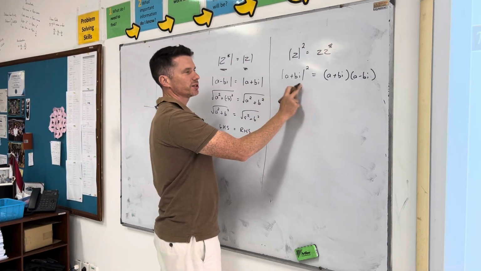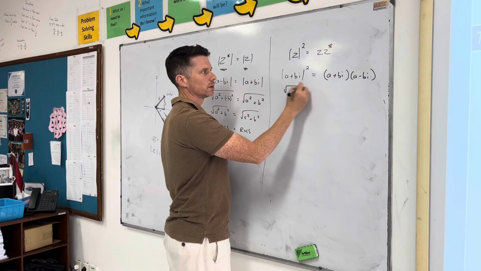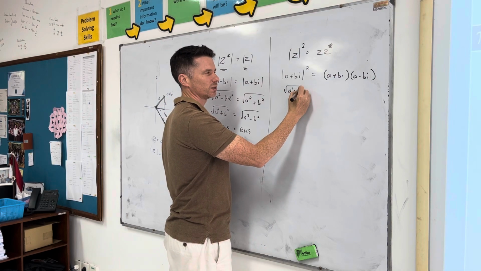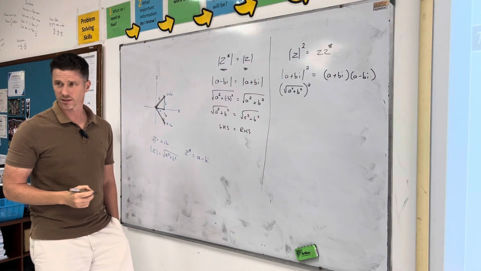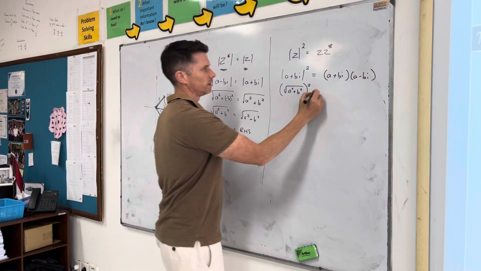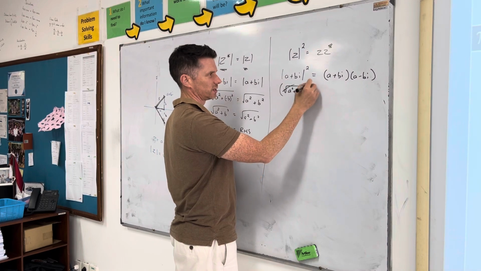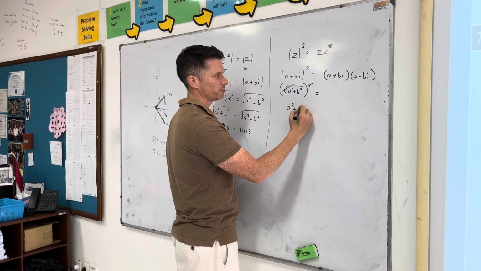So let's get the modulus of this. That's a squared plus b squared, yeah? And I'm going to end up squaring that, so something's going to cancel. It's just going to be this and this cancelling. So we got a squared plus b squared.